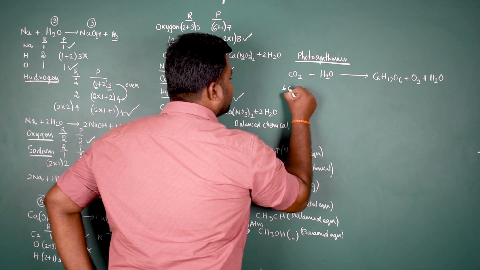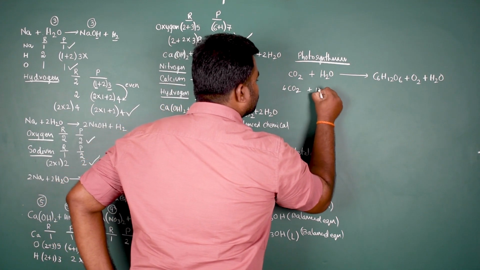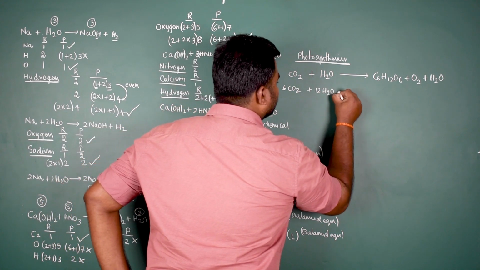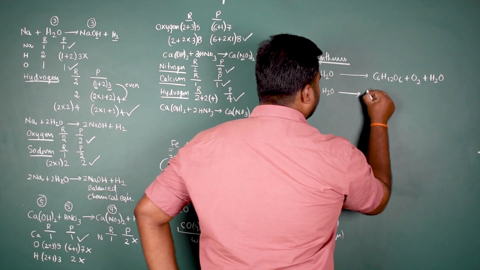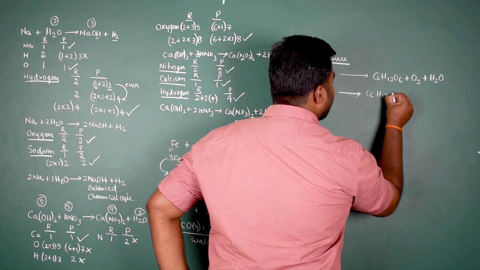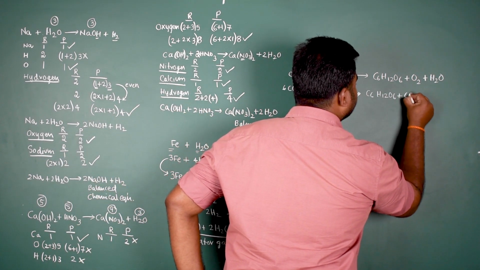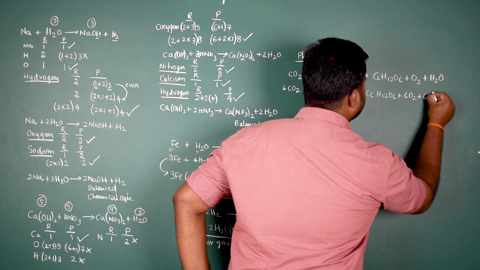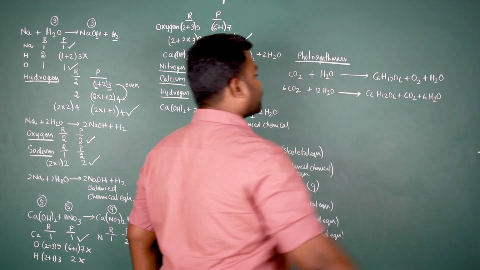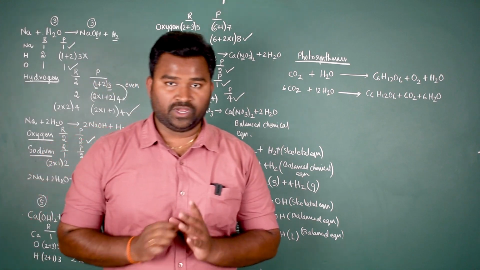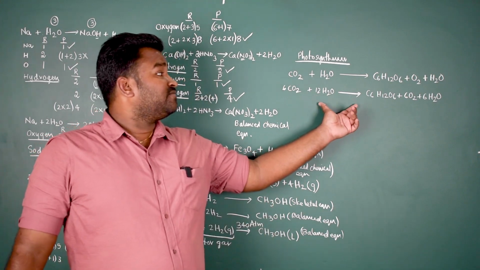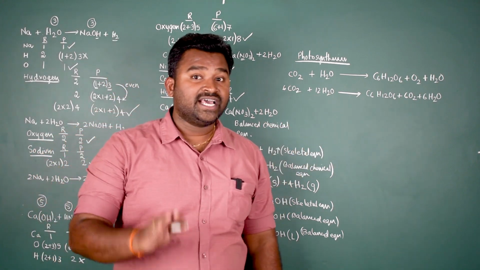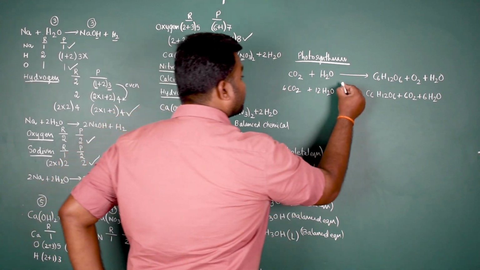Here it is 6CO2 plus 12H2O, which will result in the formation of C6H12O6 plus 6O2 plus 6H2O. This is the overall equation. Now this photosynthesis happens only in the presence of what?